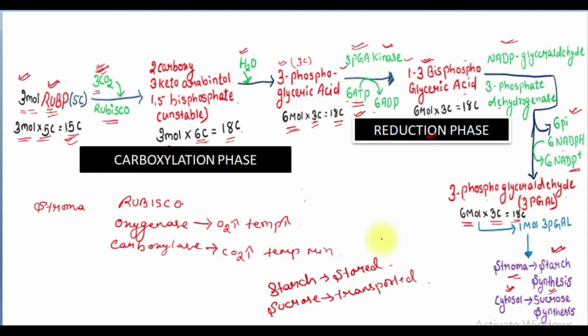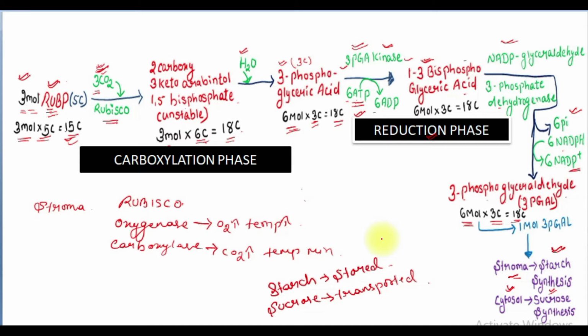When the carbon dioxide is utilized, it will be accepted by RuBP, which is a 5-carbon containing compound, and it will give a 6-carbon containing compound, which is known as 2-carboxy-3-keto-arabinitol 1,5-bisphosphate, and this compound is unstable. For stabilization, we need H2O, and in return we will get 3-phosphoglyceric acid, which is a 3-carbon containing compound.